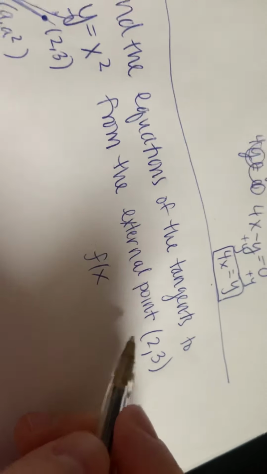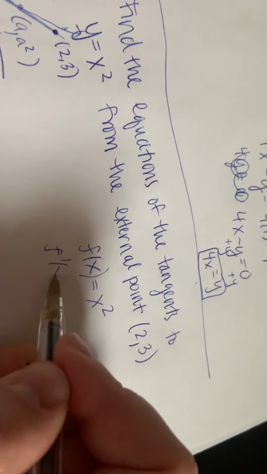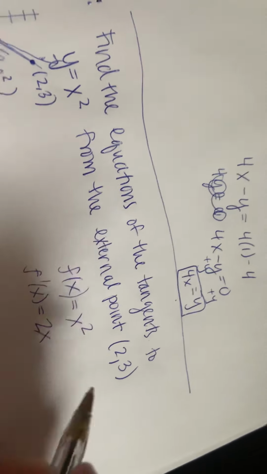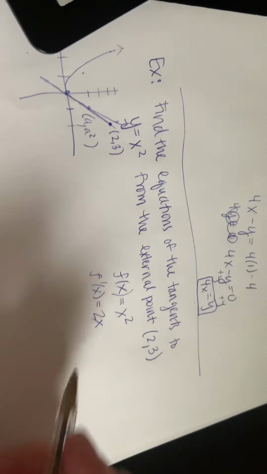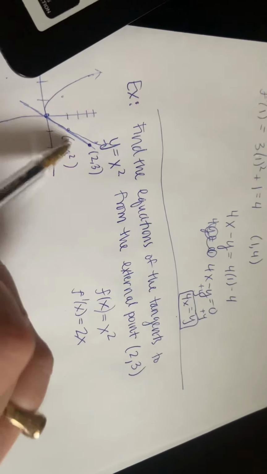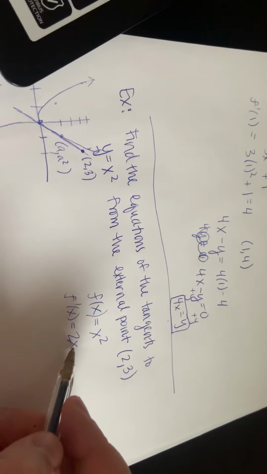All right, so now f of x equals x squared, f prime of x equals 2x. So basically, f prime of a is 2a.